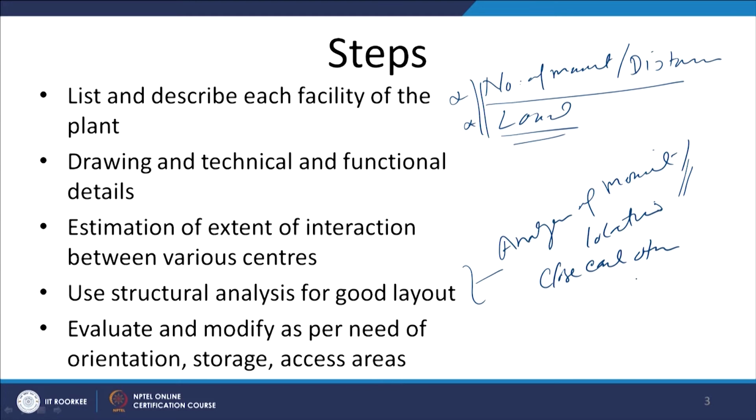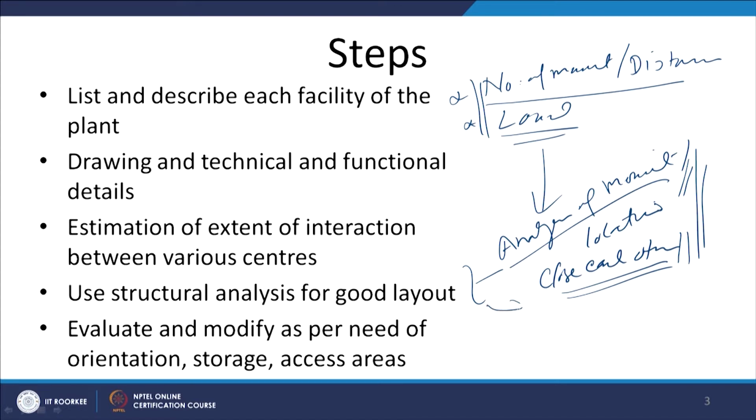Sometimes it may not be possible to have like the store for the flammable items next to the furnaces. So, they need to be kept apart, whatever is the kind of the movement which is needed between them. So, once we have this, then we will assess the kind of the movement in light of this analysis of the movement and the proposed location for the different centers.